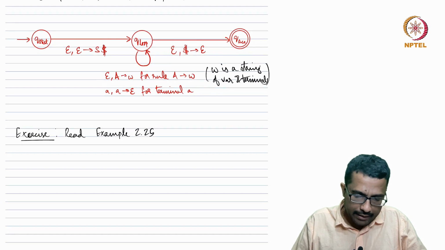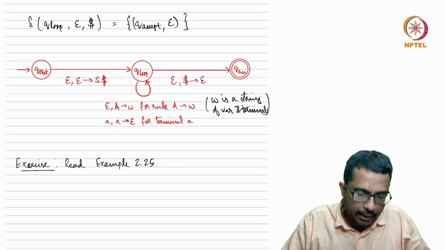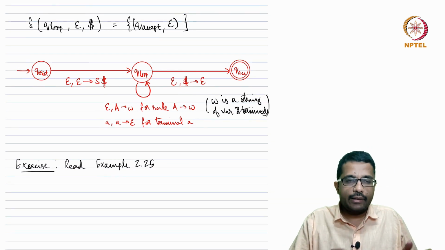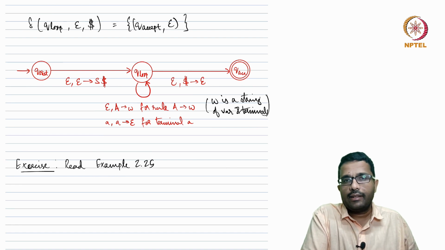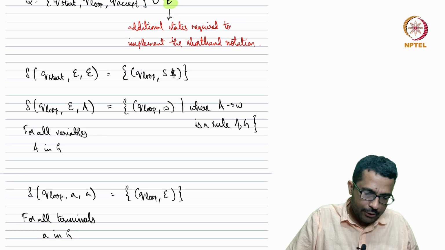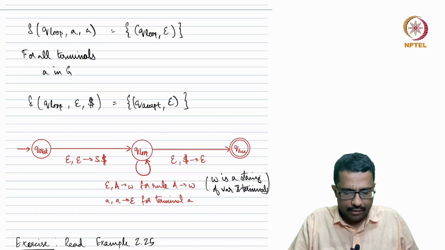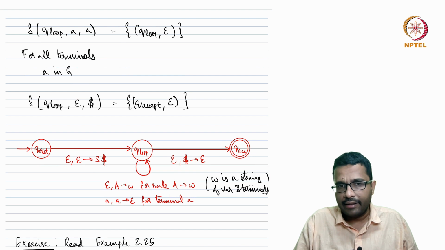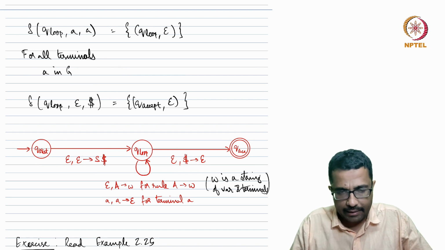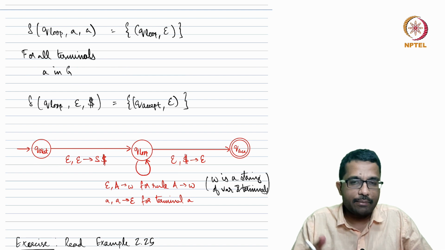And that's pretty much it. That's the construction for the PDA that accepts the same language as the context-free grammar, right? So you had the context-free grammar G, and whatever the rules are, by the construction it should be clear that whatever string it accepts must be generated by the CFG, and whatever is generated by the CFG must be accepted.